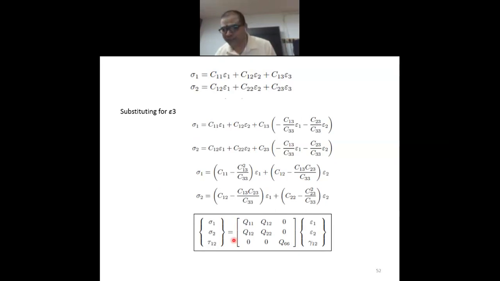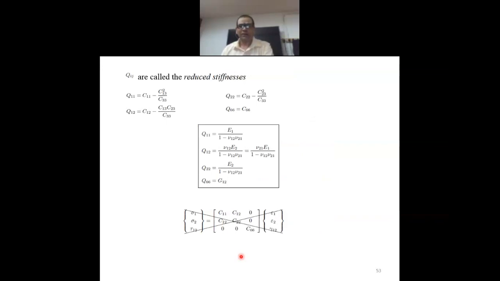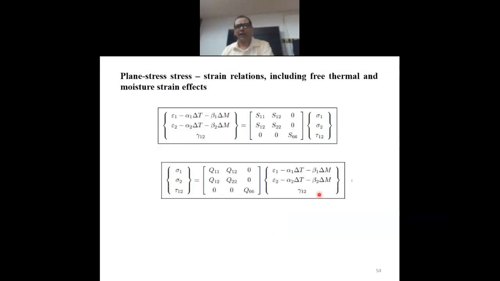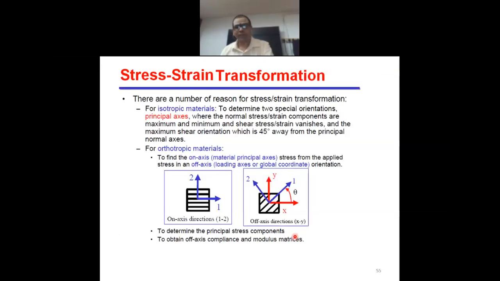As far as the S matrix is concerned, whether it is 3D or 2D, it is the same letter S. But for the stiffness matrix, if it is 3D it is C, and if it is 2D we give the new name Q, the reduced stiffness matrix. So we cannot use C here. We can include the thermal effect as well as the moisture effect.